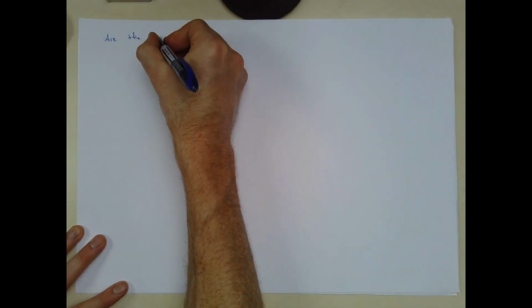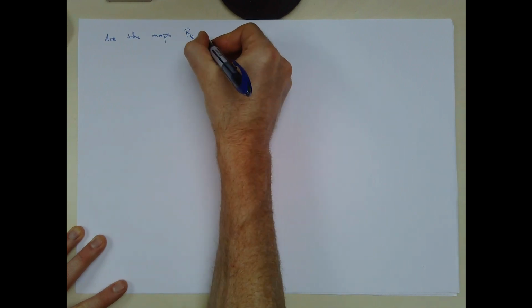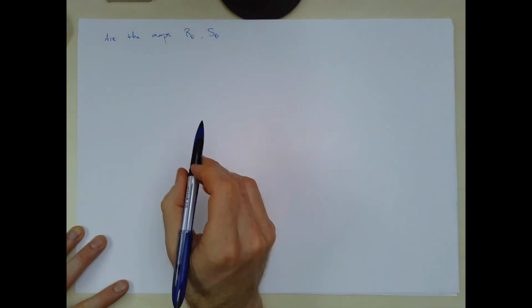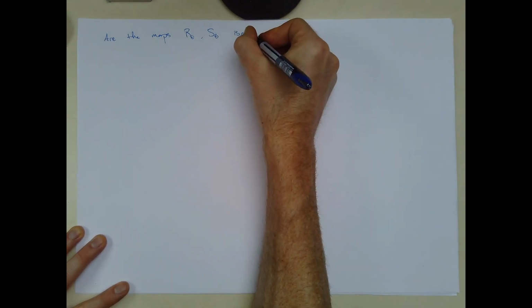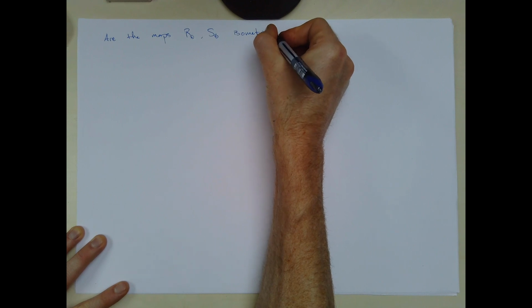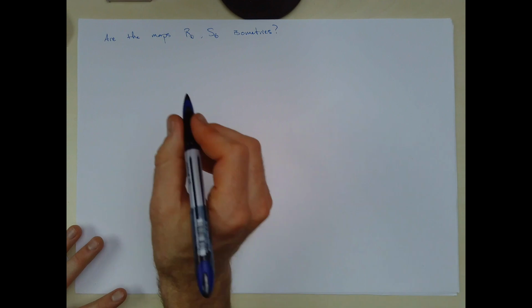But let's verify that by the definition. So I want to check that the maps R_theta, S_theta, for which we defined matrices, do these define isometries? So we need to check.